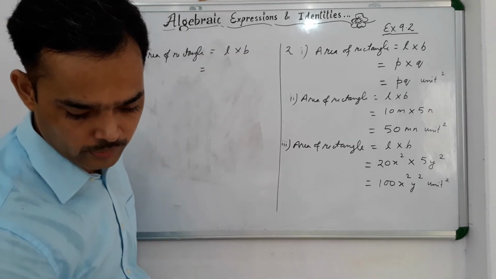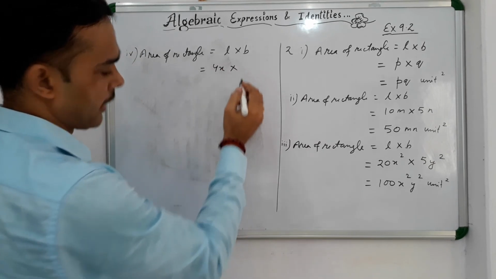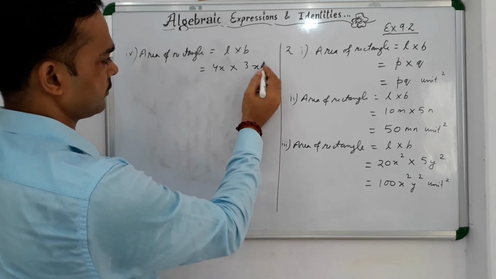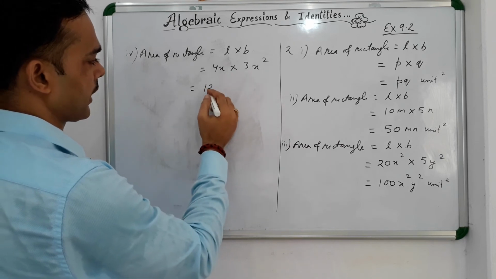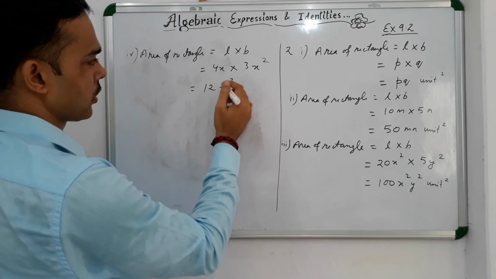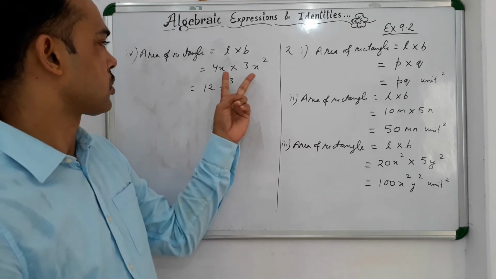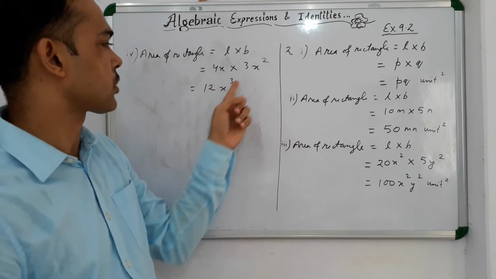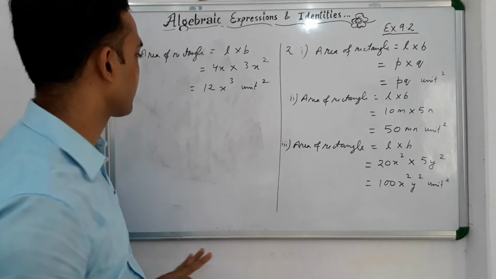Length over here is 4x and breadth is 3x square. Now 4 into 3 is 12. X into x square will be x cube, because they both are having the same base. So when they are multiplied, their exponents will be added. So 1 plus 2 will be 3, unit square.